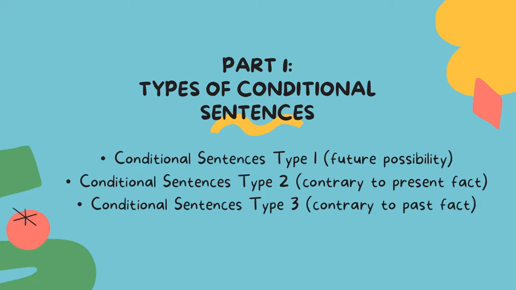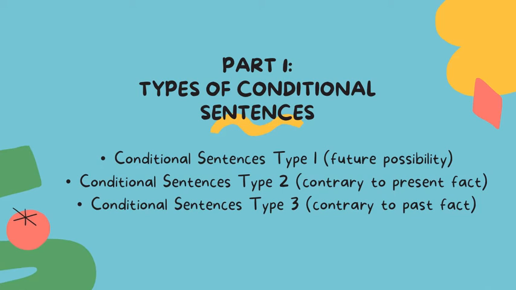I'm going to narrow down the types of conditional sentences into three types. The first is conditional sentences type 1, used for future possibility. The second is type 2, used for expressing things contrary to the present fact.